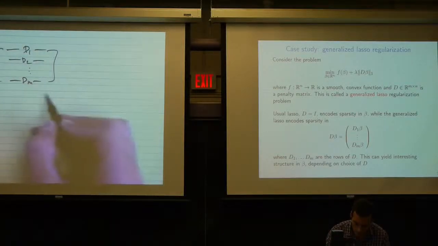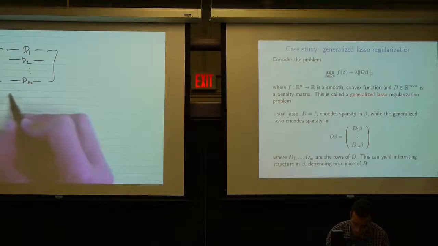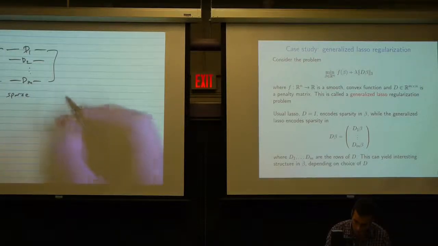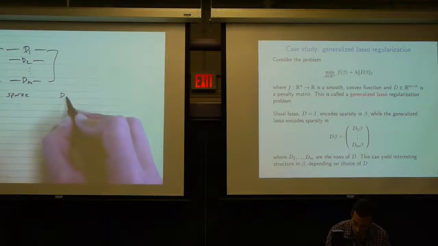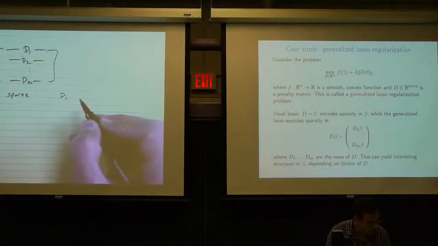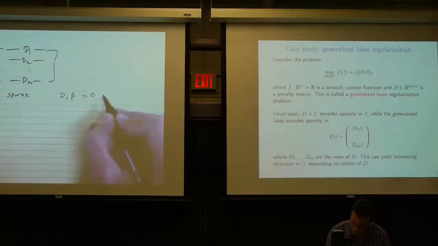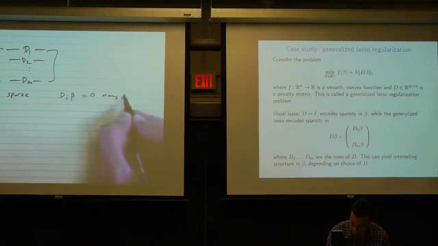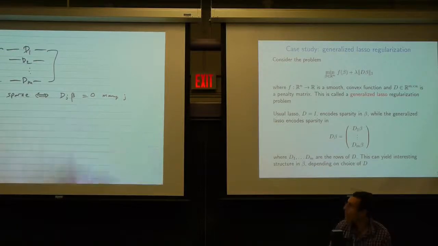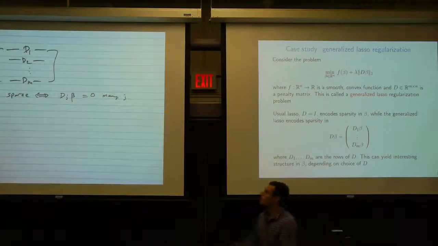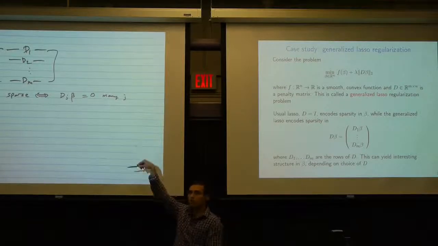And if I tell you that D times beta is sparse, that means that Dj times beta is 0 for many j. So another way of saying that is that beta is sparse with respect to the basis determined by the rows of D.